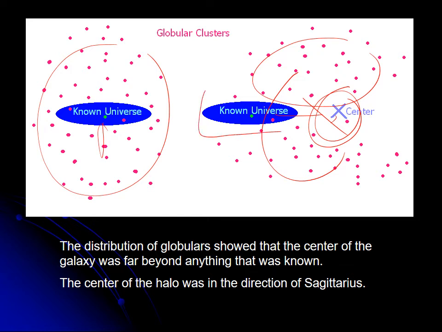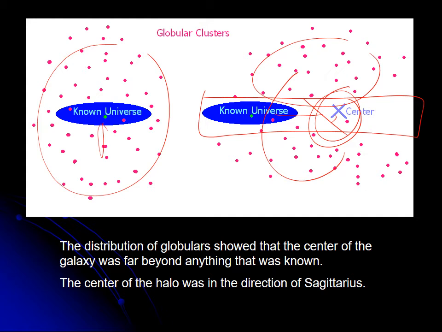So that meant that our galaxy, which they thought was the whole universe, was vastly larger. So that became our understanding of the galaxy, that it's this very large sort of flat structure with a halo of these globular clusters around it.